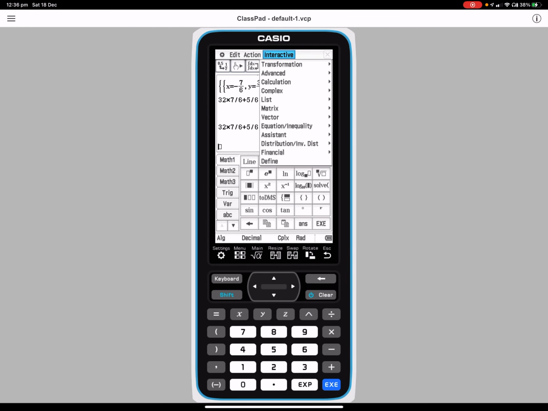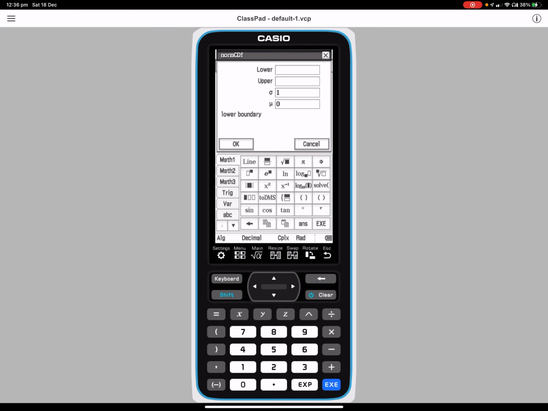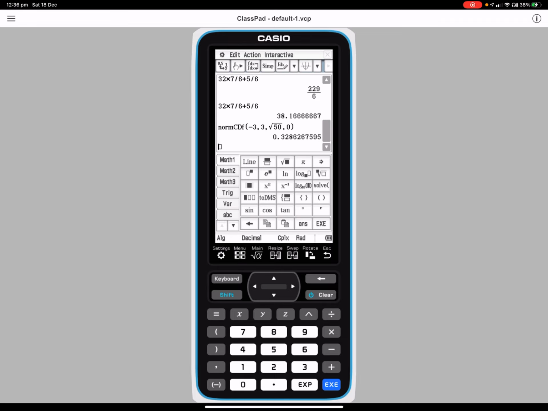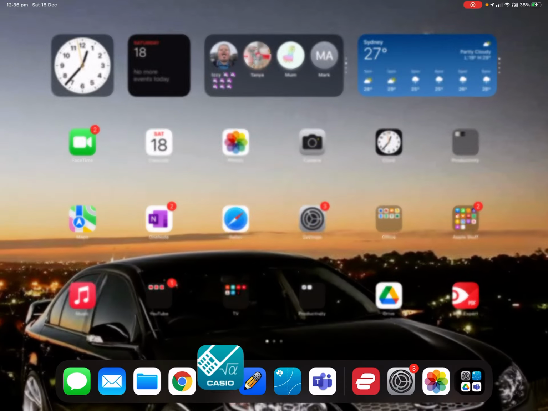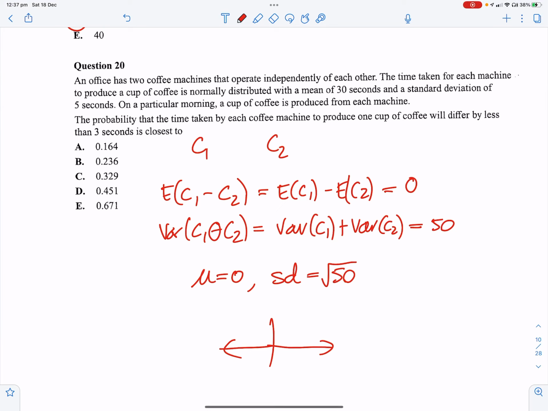So we say norm CDF, -3 to 3, standard deviation root 50, mean 0. And that'll tell us 0.3286, the probability that lies within 3 seconds above or 3 seconds below.